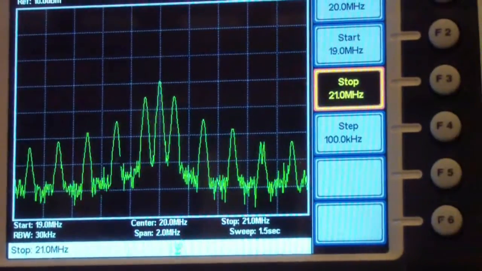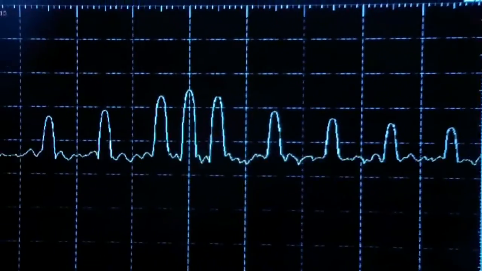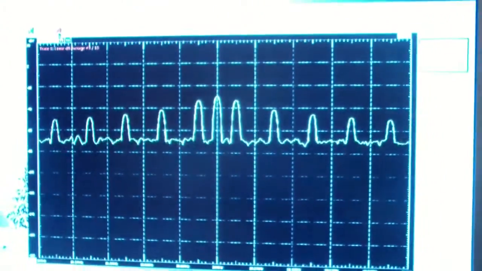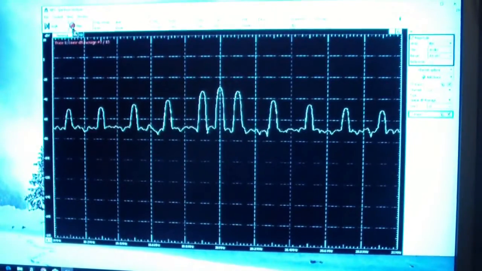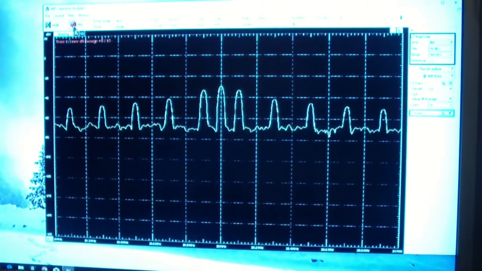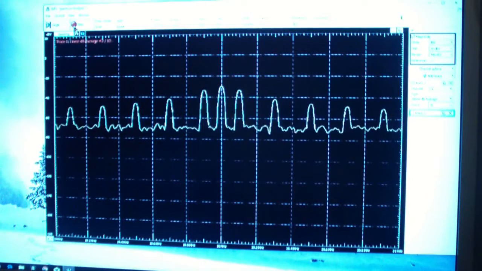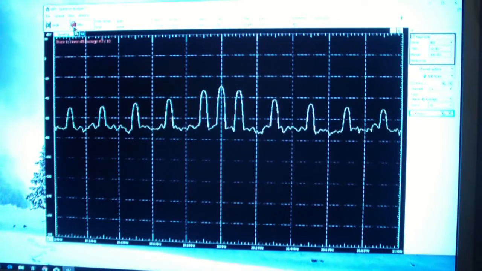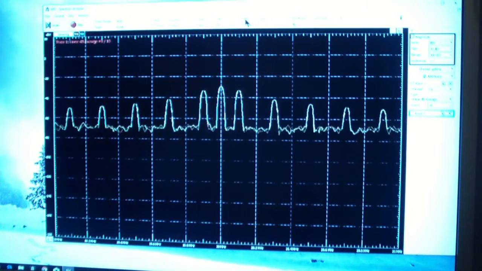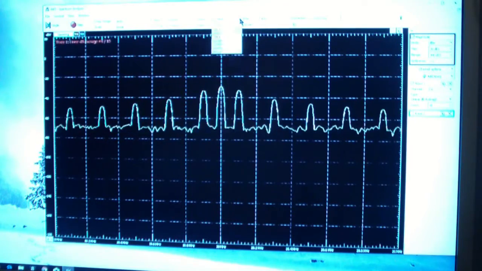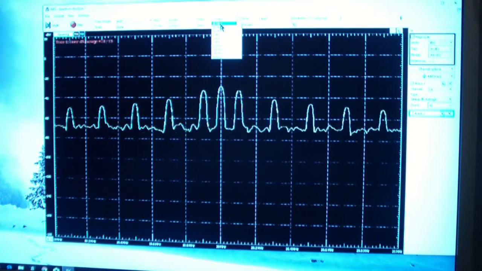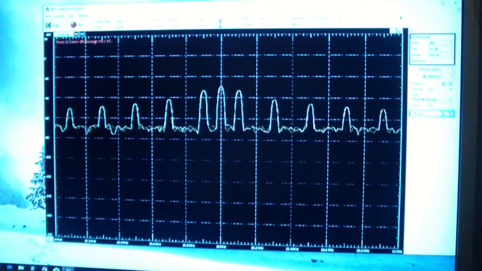First, let me come back over to the Analog Discovery, and then instead of the end frequency being 21 megahertz, let's set it to 50 megahertz.